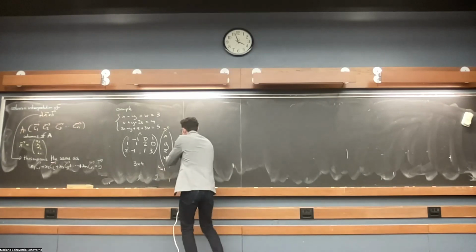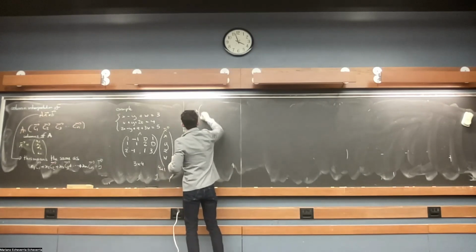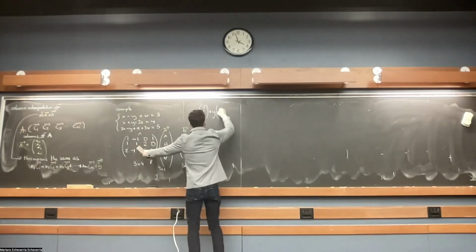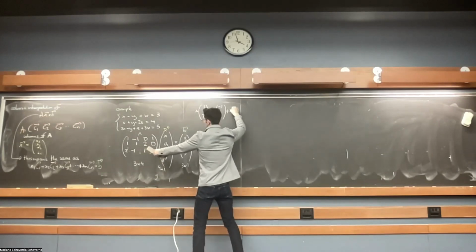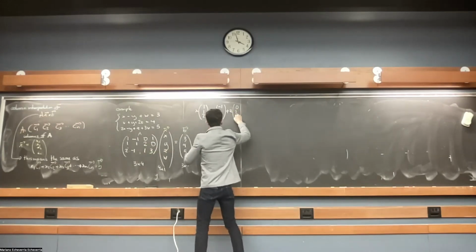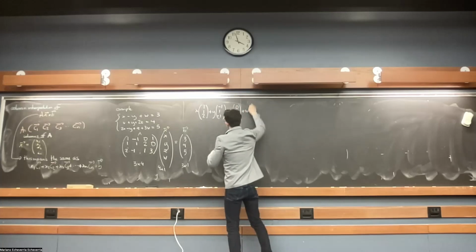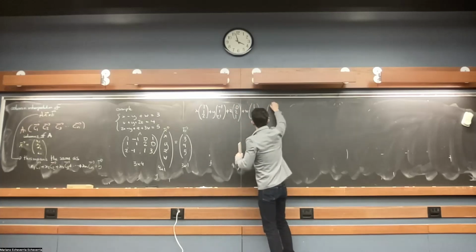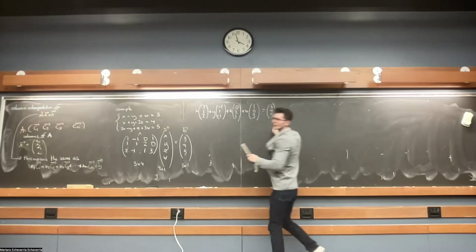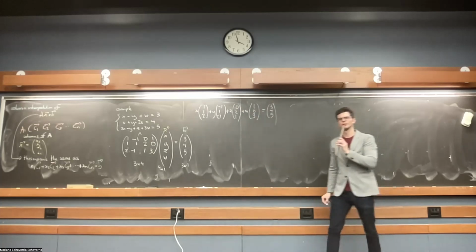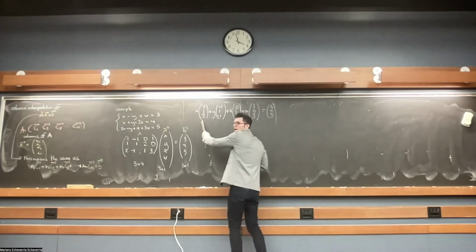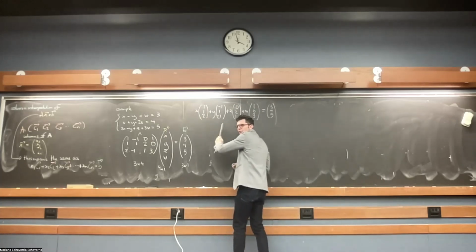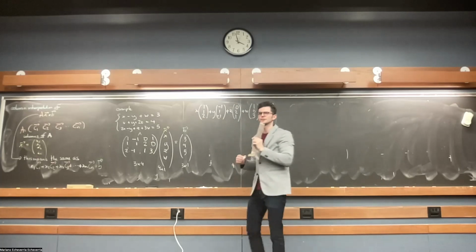So this is equivalent to X (1, 1, 2) plus Y (-1, 1, -1) plus Z (0, 2, 1) plus W (1, 0, 3) equals (3, 4, 5). Okay, is that better now? This is what I mean by x1 column 1, x2 column 2, x3 column 3, etc.